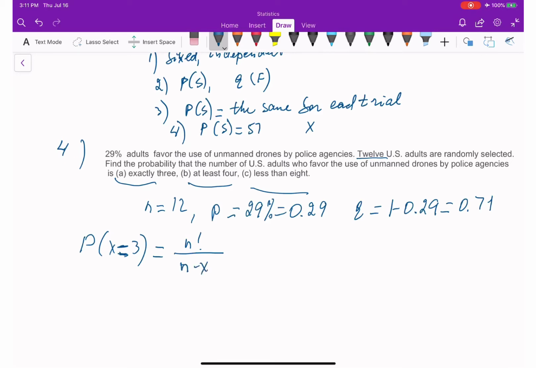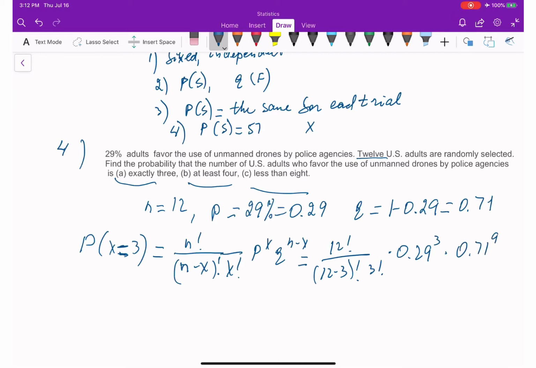All you do is plug in n, x, and the probability of success, and it will give you the answer. That's going to be, oh hold on, times p to the x, q to the n minus x. If you plug in all your numbers, it's going to be 12 factorial over 12 minus 3 factorial and 3 factorial, times 0.29 to the power 3 times 0.71 to the power 9.